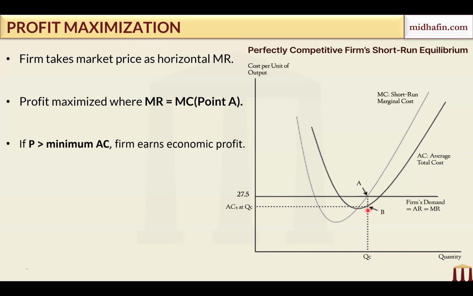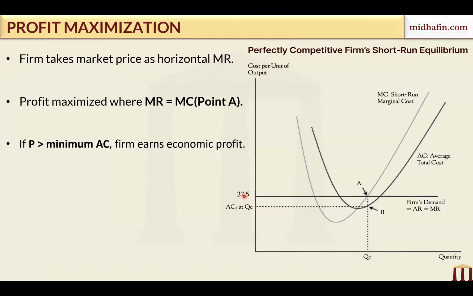So obviously the firm will earn a positive economic profit if the price is above this average cost, which is true in this case, because the average cost is denoted by this point, AC1, average cost at QC, whereas price is a bit higher.